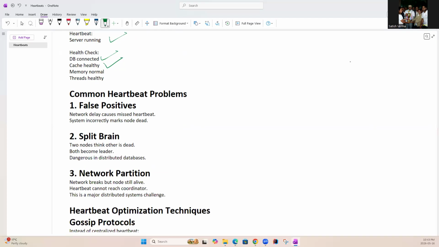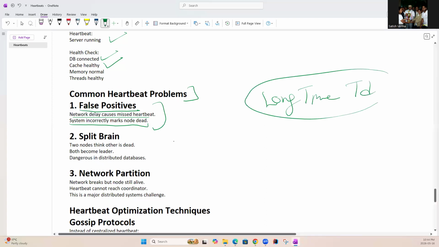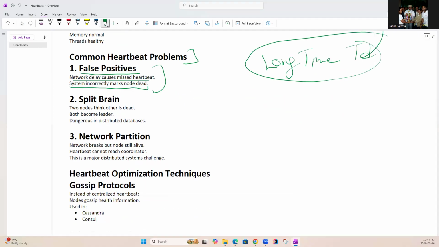Now, common heartbeat problems. False positives, whatever we discussed before. Network delay may cause missed heartbeats, and the system incorrectly marks a node as dead. That's why we use long-term trade-offs, if you remember, not short-term trade-offs. Split brain: two nodes think the other is dead, and both become leader.